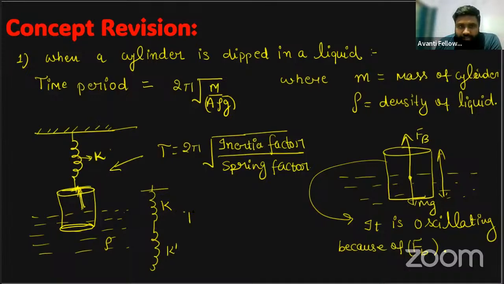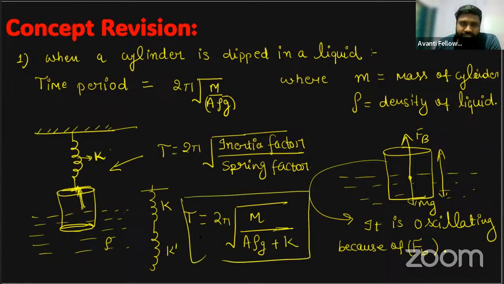So the effective time period here will be 2 pi root of the mass of the cylinder divided by the spring factor, which is A rho g plus K. So remember it. This is very important. This is concept 1. Try to take the notes. It will be really helpful to you.